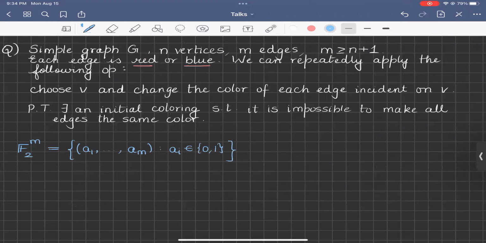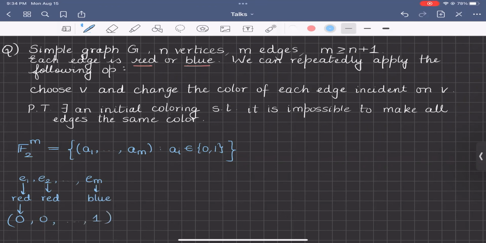And for every configuration, there's a very natural correspondence here. For example, if my edges are E1, E2 up to EM, and this one is red, then consider a 0 in that tuple. And if this is red, then another 0. And if this is blue, then there's a 1 here.